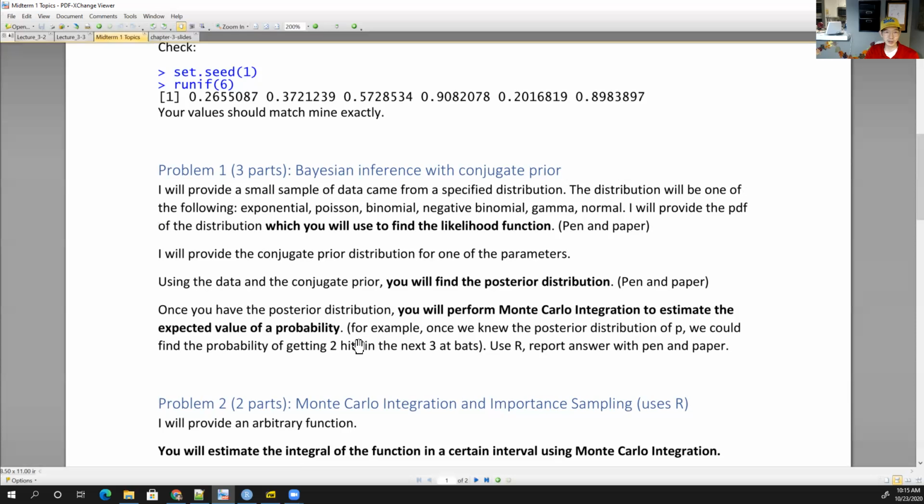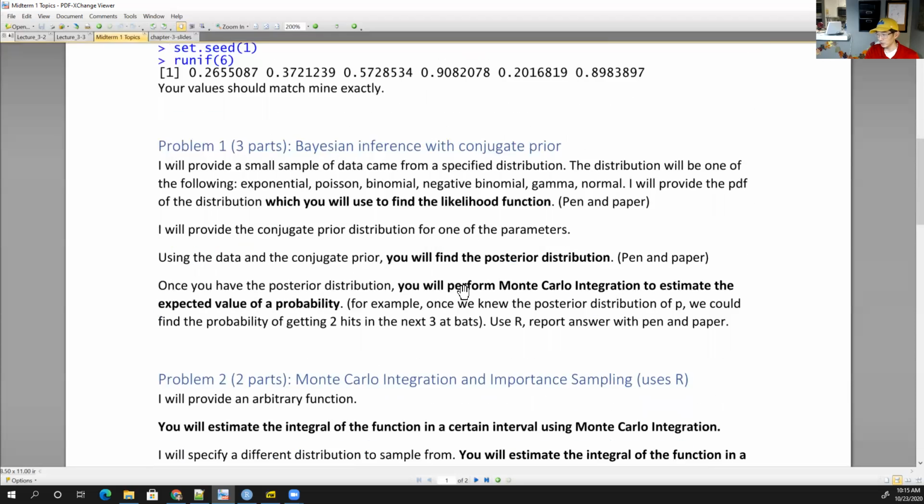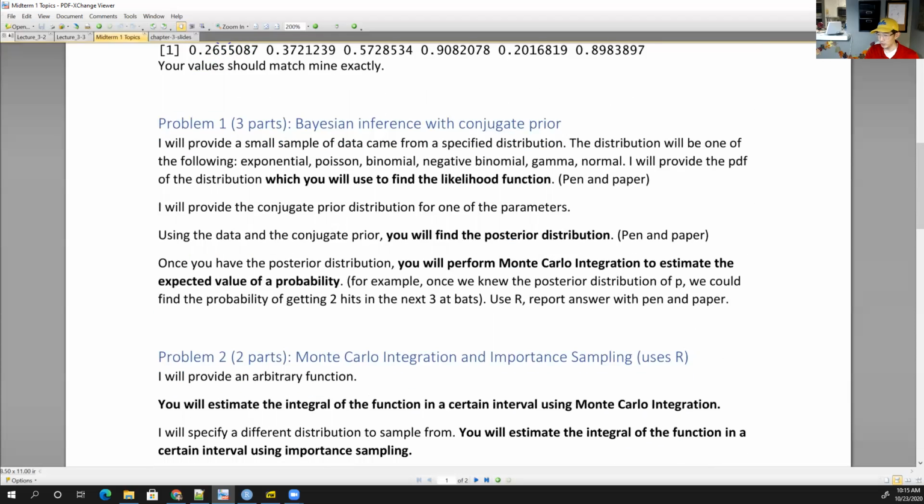The normal one was kind of a pain to figure out the posterior distribution. Do you need R for all 3 parts? No, for problem 1 you only need R for the last part. The first 2, finding the likelihood function and finding the posterior distribution, you'll do with pen and paper.